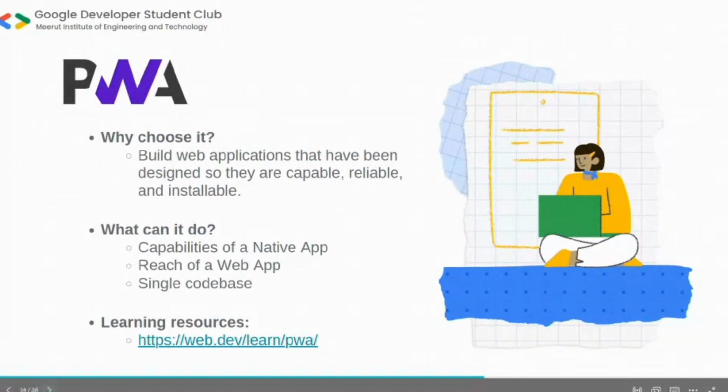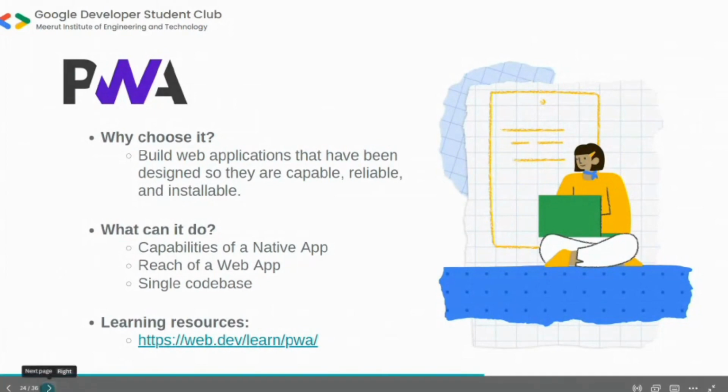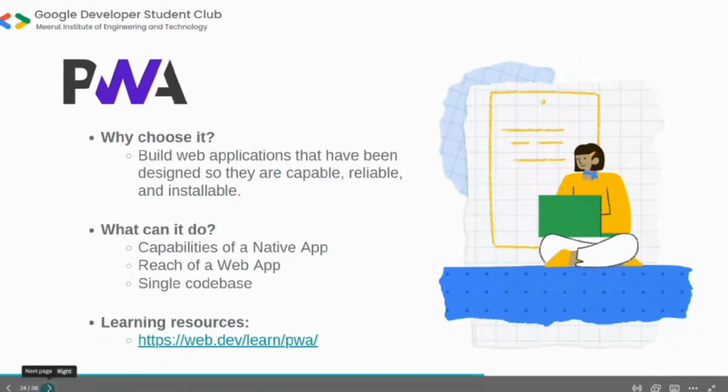So PWA stands for Progressive Web Apps. So this is an app built from the web technologies. We all know these technologies, which is HTML, CSS, and JavaScript. But it is built with the feel and functionality that rivals an actual native app. So PWAs are built to take advantage of native mobile device features, and you can use them without requiring the end users to visit an app store.